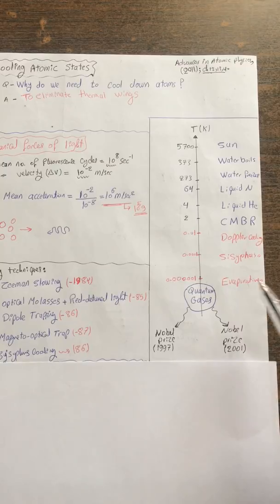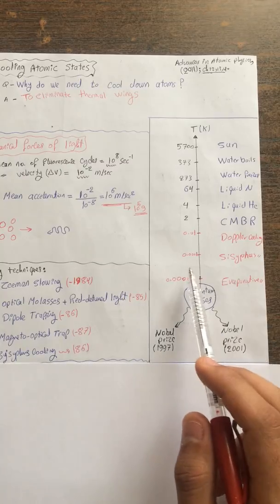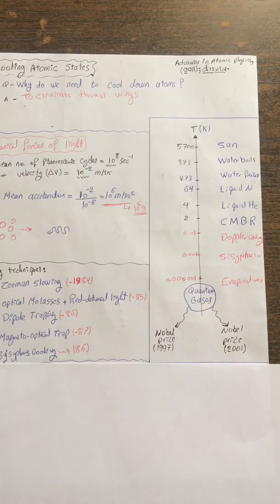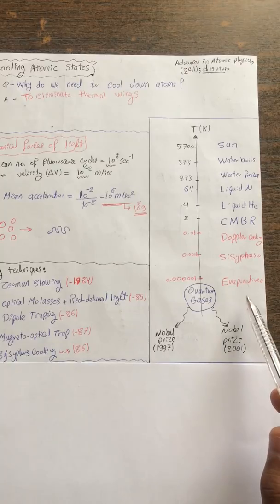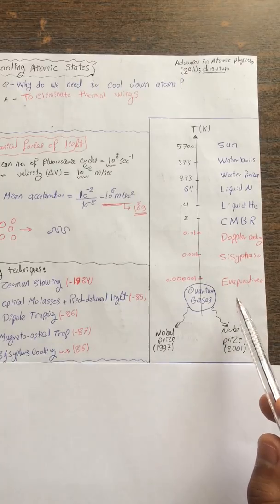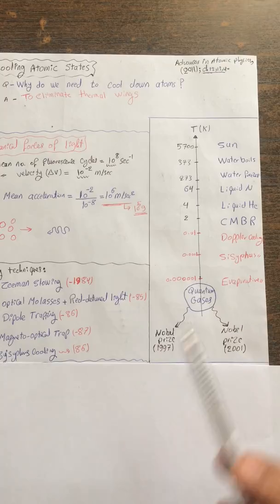Then Sisyphus cooling was discovered by Claude Cohen-Tannoudji in 1986, and they reached a temperature of 0.001, which is 10 raised to minus 4 Kelvin. Then evaporative cooling was the step that began to realize such quantum gases.